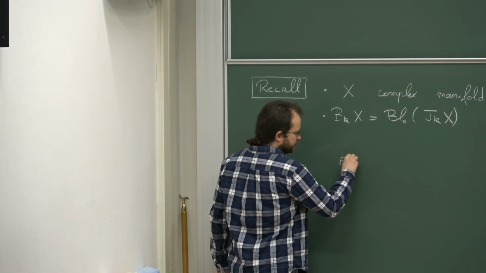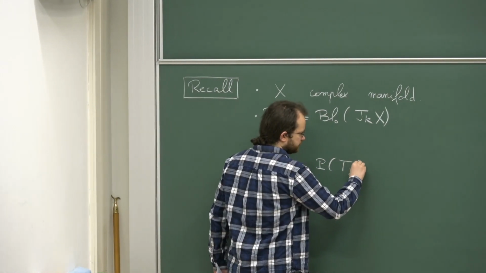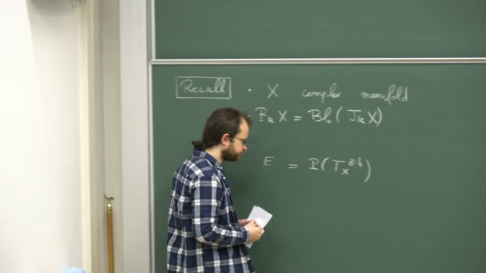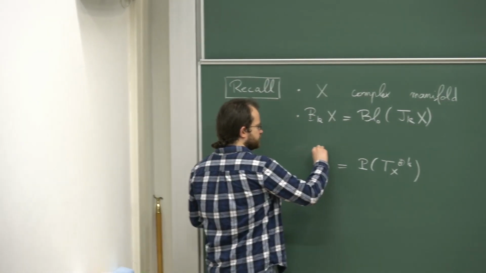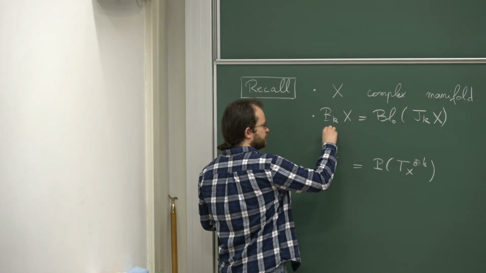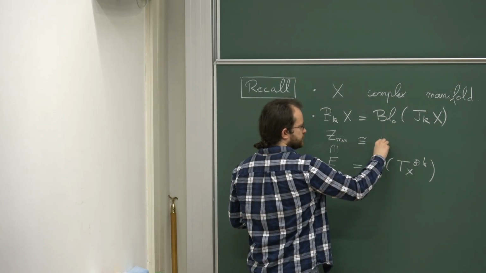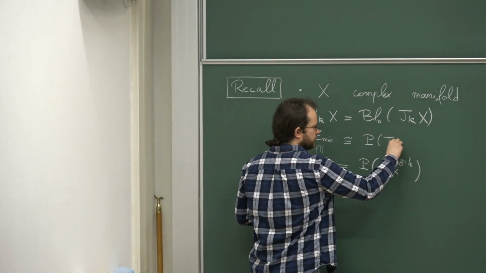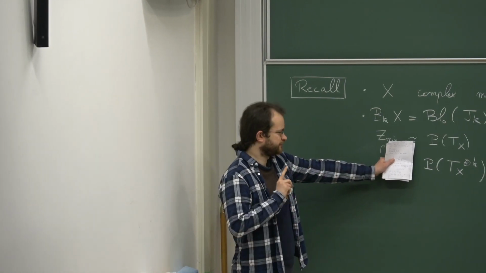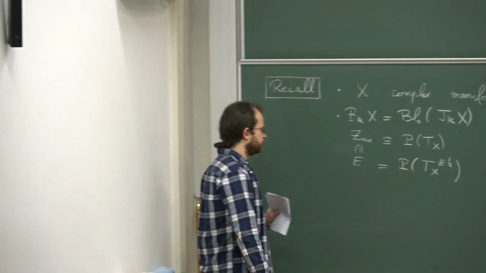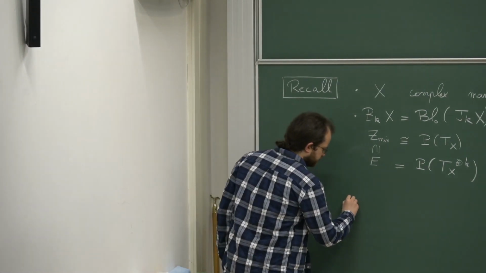The exceptional divisor, which is isomorphic to the projectivization of K copies of the tangent bundle over X. Inside this exceptional divisor, you had this Z mean, which is itself isomorphic to the projectivization of just one copy of the tangent bundle. And this Z mean lies in an open subset, U mean.